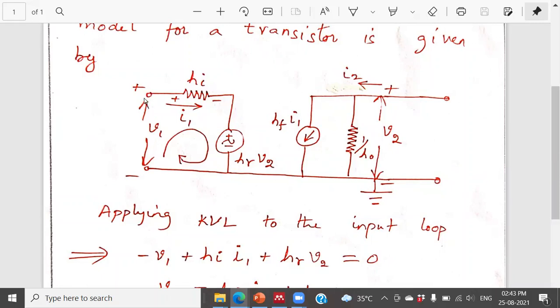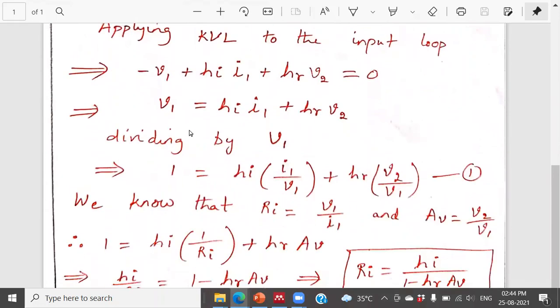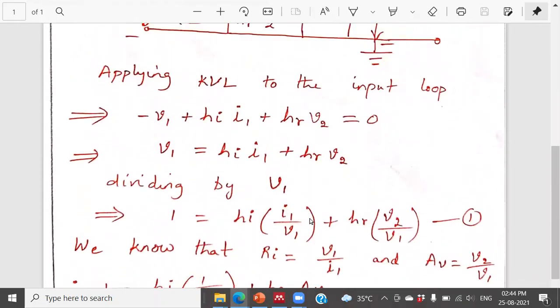So the input resistance, which is the resistance looking into these two terminals towards the right, because the circuit is towards the right, is V1 divided by I1. So V1 by I1 we call Ri, the input resistance.